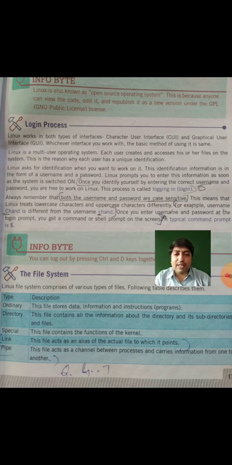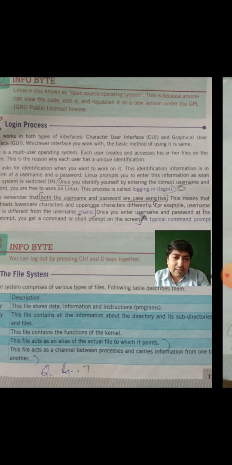Special files contain the functions of the kernel, and a link file acts as an alias of the actual file to which it points. Link means to point to. And the last one, pipe, acts as a channel between processes and carries information from one place to another.